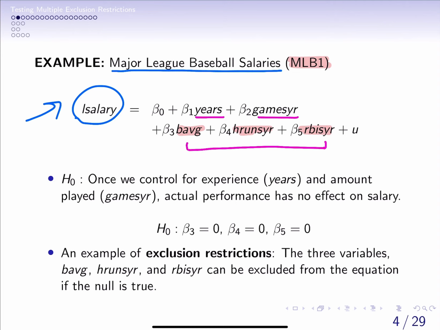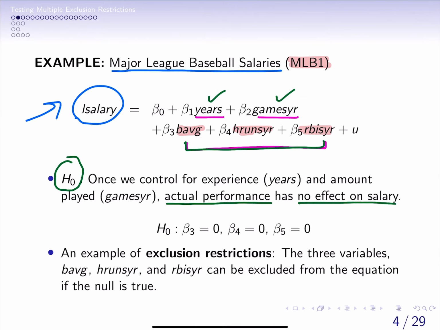So let's say that for our null hypothesis, after we have controlled for years and the number of games per year that are played, we want to test the hypothesis that actual performance, or these three performance metrics, have no effect on salary.